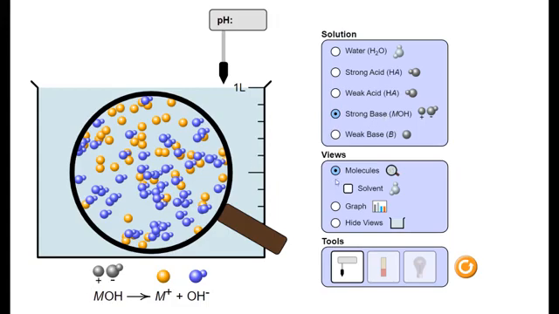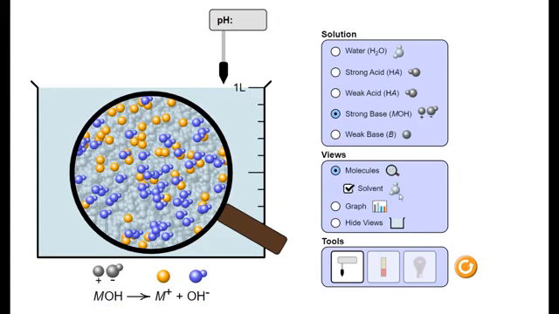Normally we have a strong base plus water, right? Remember when I crossed those off and we said, well, there's water there and there's going to be water here. If I add in this solvent, we can see that the water, the H2O, the gray water compound here, is mixed all up in there. Water is surrounding my metal ion, water is surrounding my hydroxide. We can see all of the waters all in there surrounding them.